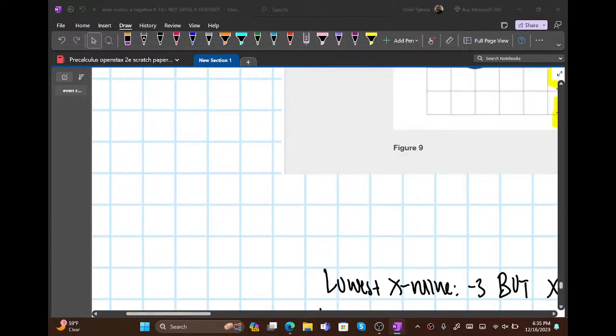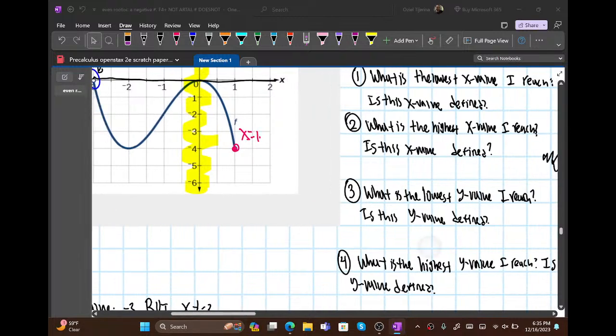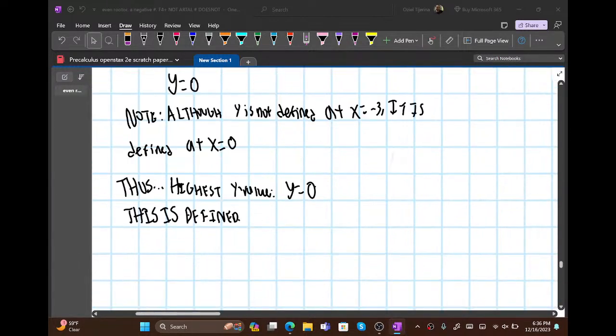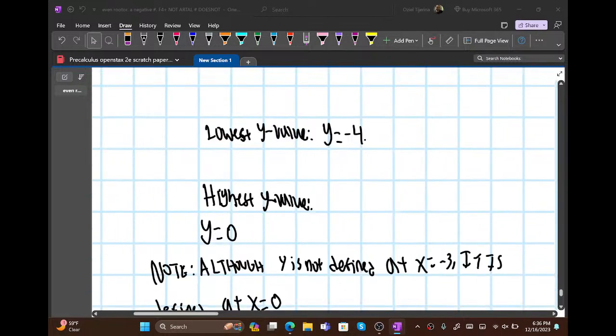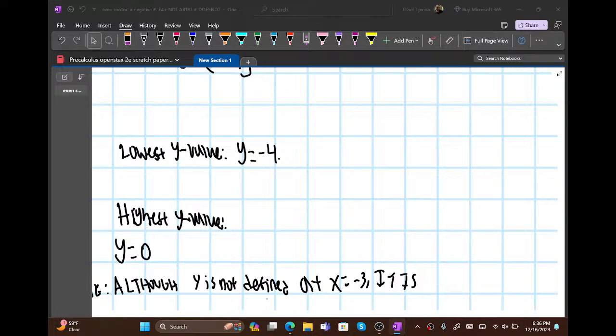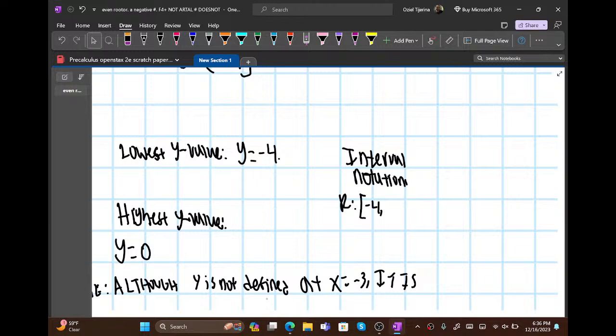So, all in all, with the range, guys, we know that the lowest y value is at -4. So in interval notation, the range is bracket -4 to 0, close bracket.